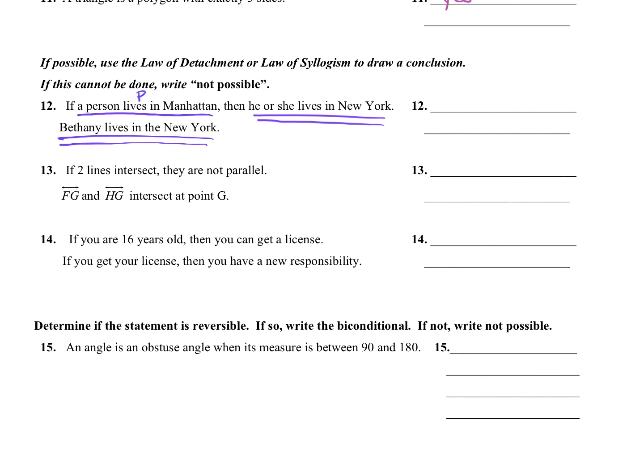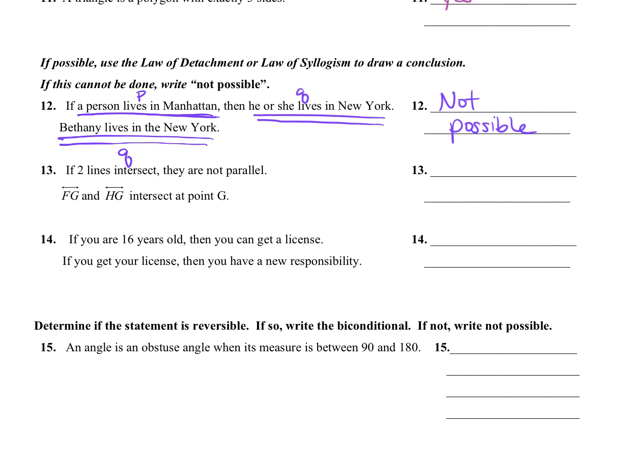If P then Q, and they tell you Q is true, you have to say not possible, because maybe she lives in the Bronx. Maybe she lives in New York City, right? So she can live in New York but not live in Manhattan. But if it says if she lives in Manhattan, then she lives in New York, that would be true. Okay.